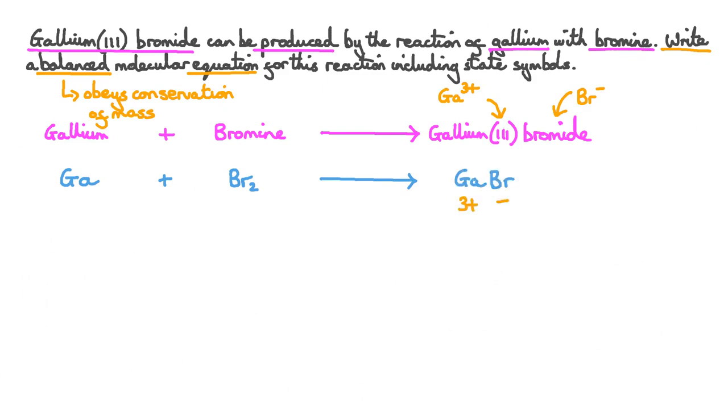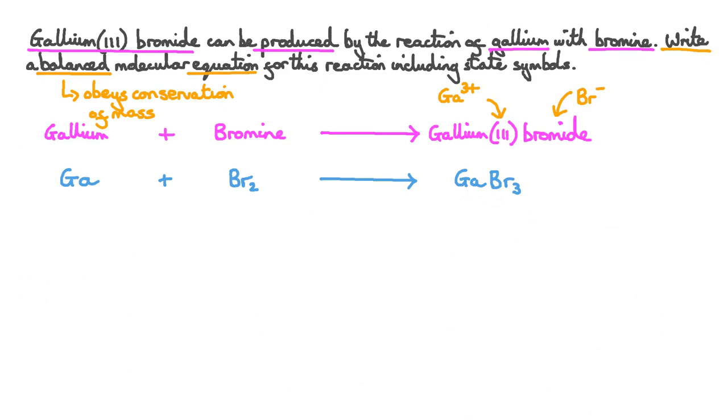The formula for gallium bromide can't be GaBr. This is because the charges don't balance. We need 2 more negative charges from the bromide to balance out the 3+ charge on the gallium. We can do this by adding 2 extra bromide anions. So our formula for gallium-3 bromide is GaBr3.